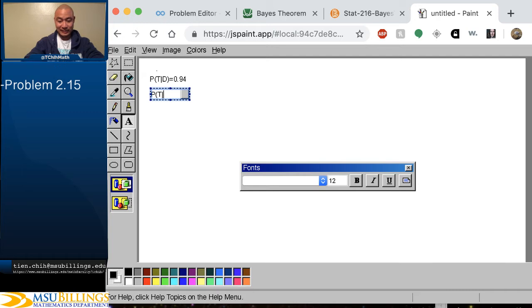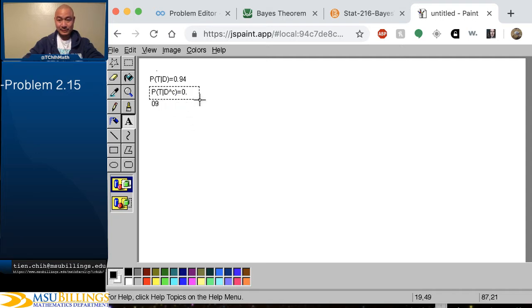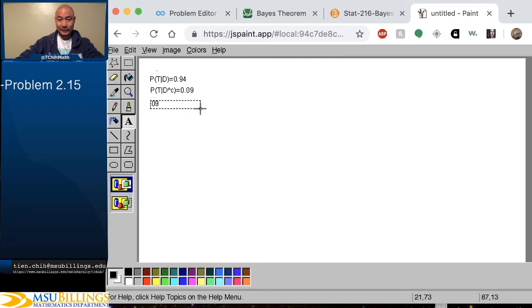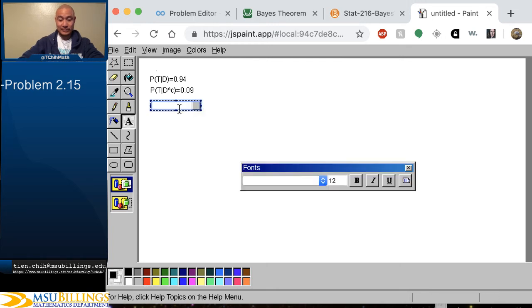Probability of testing positive given that you don't use drugs is 0.09. And then let's overwrite this with just probability of testing positive in general is 0.13.